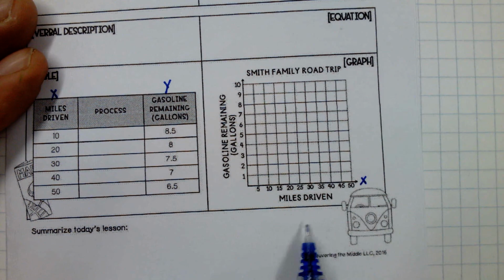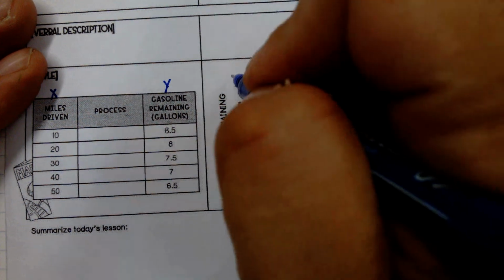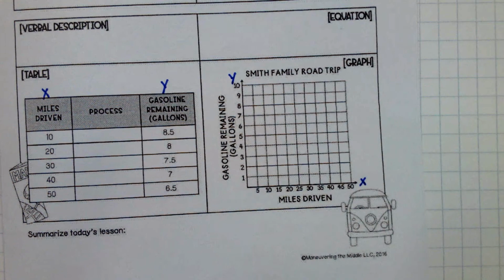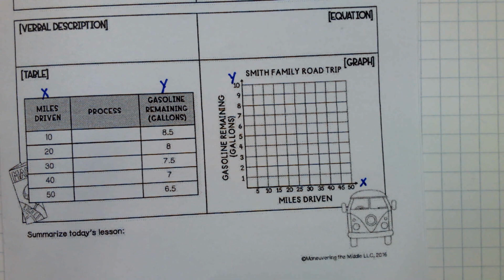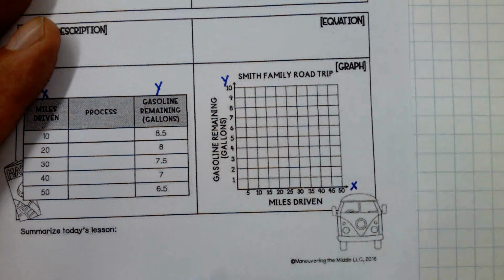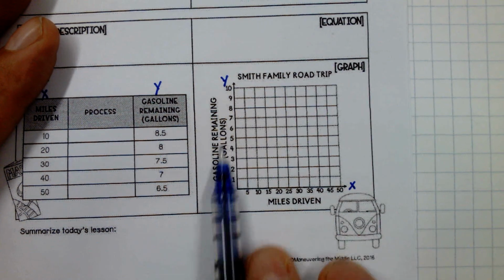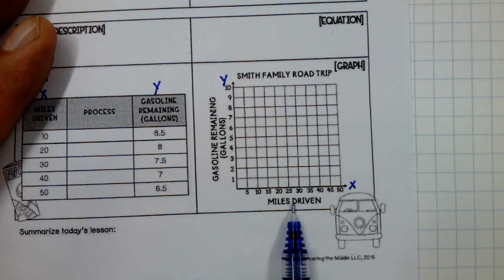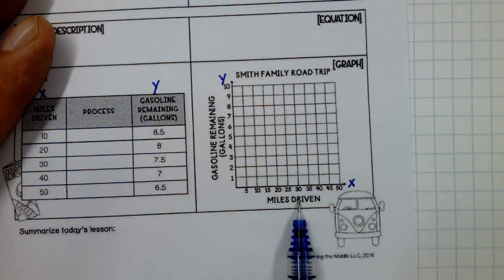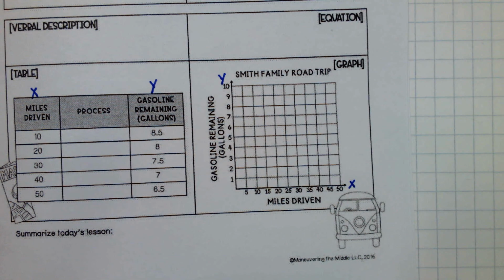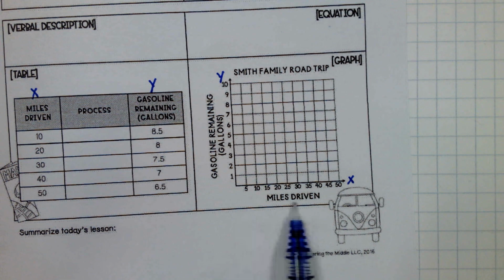Miles. What are we measuring on the y-axis? Gallons of gasoline. Okay. So what would our rate be? What would our slope be? What's y over x? We're measuring gallons over miles. So it would be gallons per mile. And it's gallons remaining.